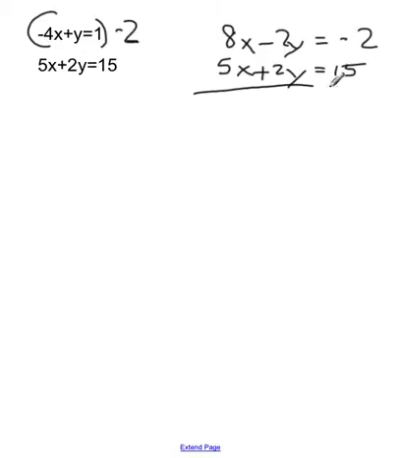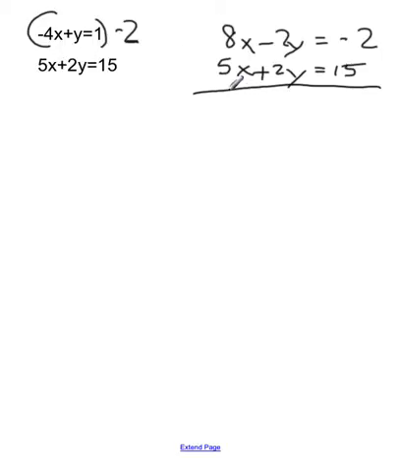So I'm going to keep the second equation exactly as is, but the first equation I'm going to make negative 4 times negative 2, what is that? Positive 8x. Negative 2 times positive y is going to be negative 2y. And negative 2 times 1 is negative 2. Now, I very easily could have multiplied this one all by 5 and this one all by negative 4, which would have had my x terms match up and be negative 20 and positive 20.